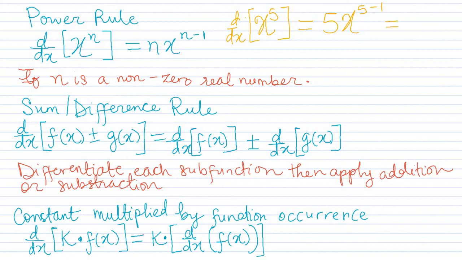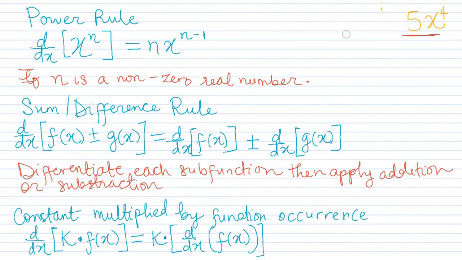So you end up with 5x to the fourth, because the first thing you did, since you're applying power rule, is to bring down the power, and then reduce this power by 1. That's basically how you do power rule whenever you're given a polynomial or maybe a main variable to the power of something.